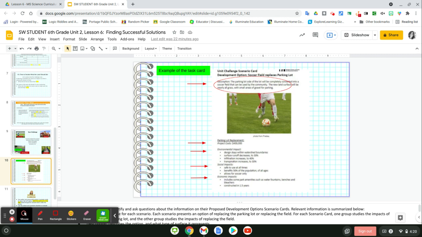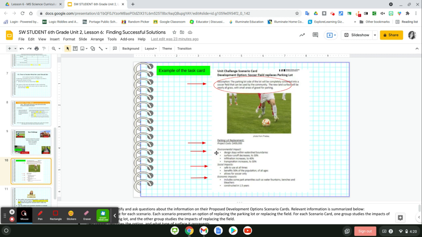Okay, so it says that the parking lot side will be completely converted into a soccer field that can be used by the community. The new land surface will be nearly all grass with small areas of gravel for parking. So the parking would be not concrete, but gravel. And how will that change how water moves? All right, so the parking lot replacement, the project costs, I think that says like $400,000.